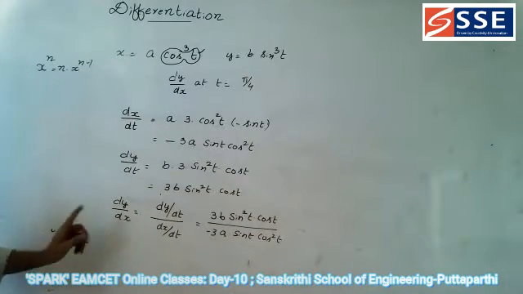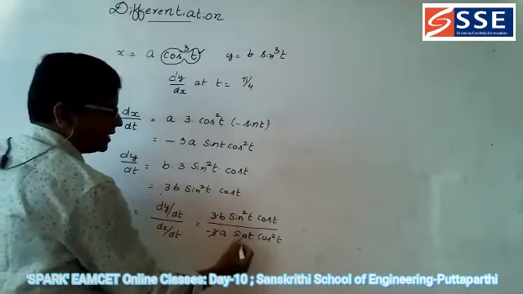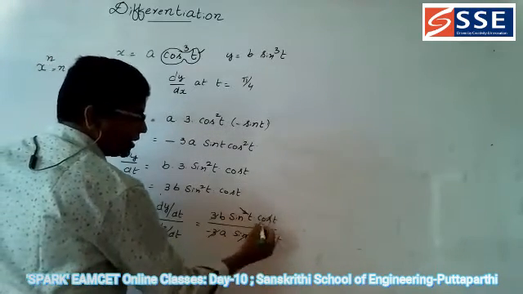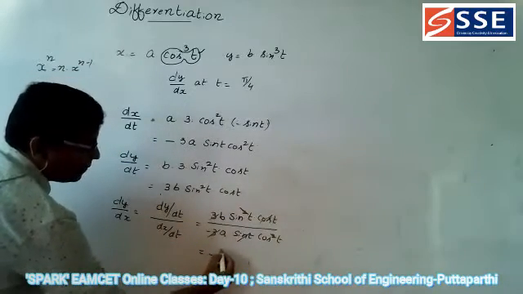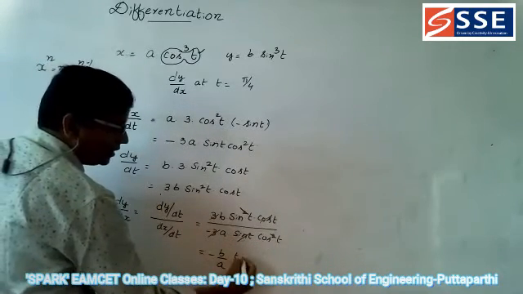Then only you can get dy by dx. Simplify it: one sin t and one cos t cancel, leaving minus b by a. Sin by cos is what? Tan.